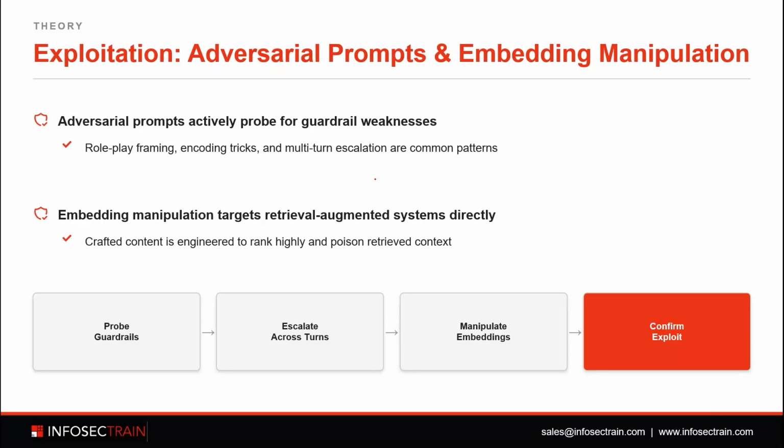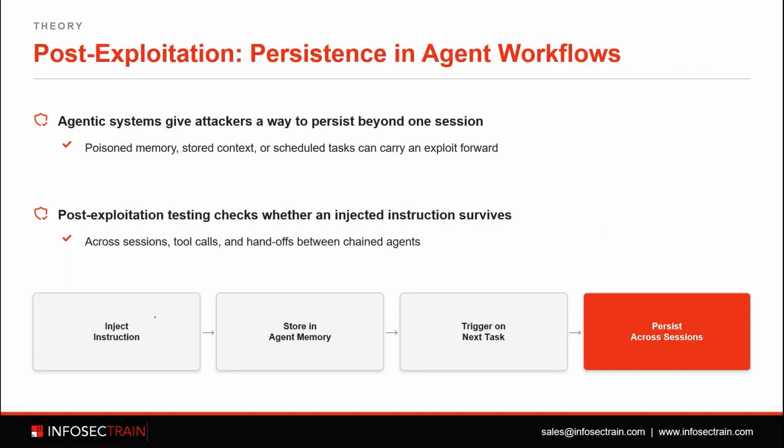If you have somehow access to the database or the training data, or if whatever prompts you are giving are being recorded, then you can make changes to the training data, and then the output of the model will be biased, right? So you will probe the guardrails, escalate across turns, manipulate embeddings, and then confirm the exploit, right? In post exploitation, you will inject an instruction, store it in the agent memory, trigger it on the next task, and persist across sessions, right?